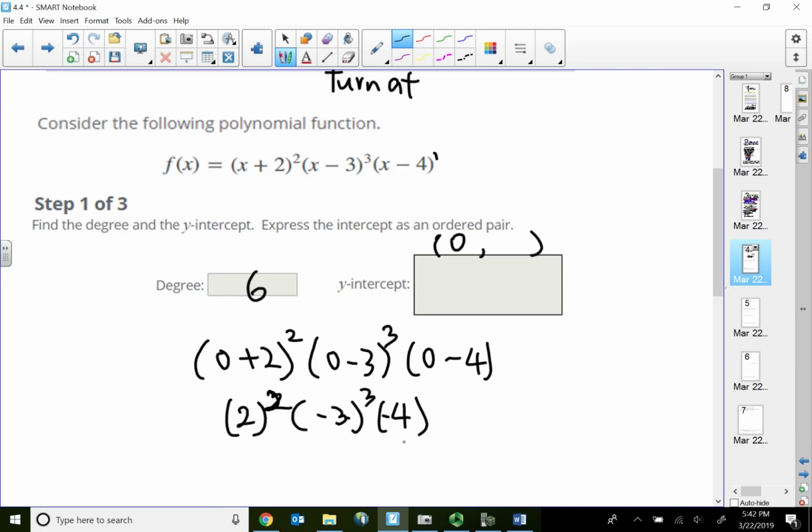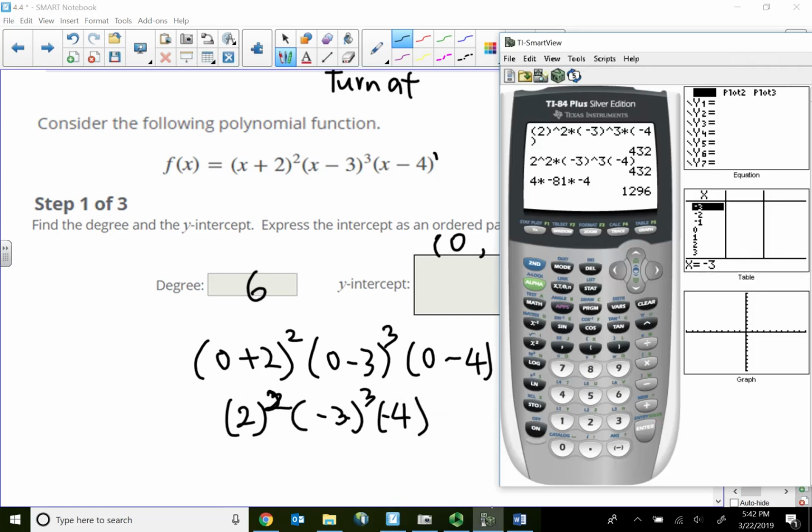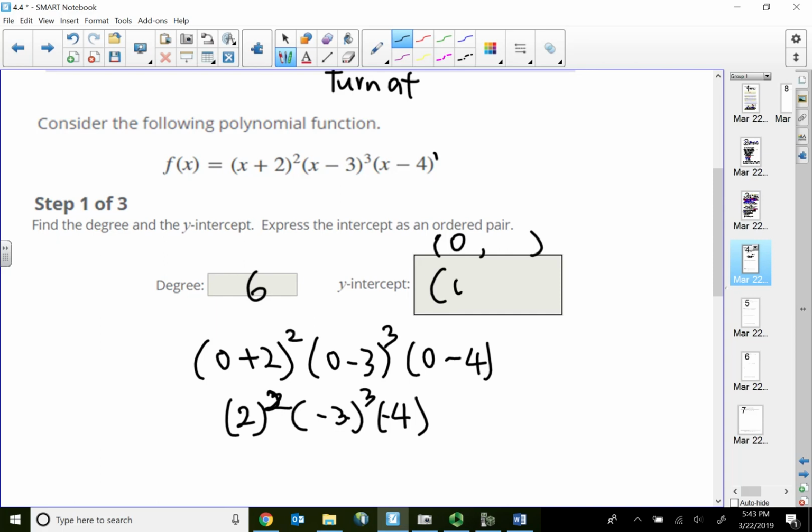Once I multiply them up, that will be my y-intercept. Let's see what it is real quick. That's 2 squared times negative 3 to the third times negative 4. I have to put this negative 3 in the parentheses, otherwise my sign will be off. So that would be positive 432. My y-intercept is (0, 432).